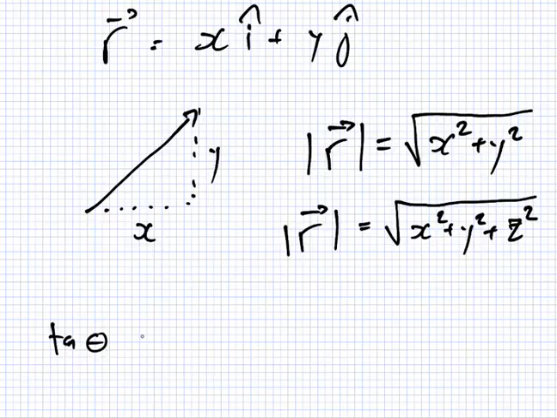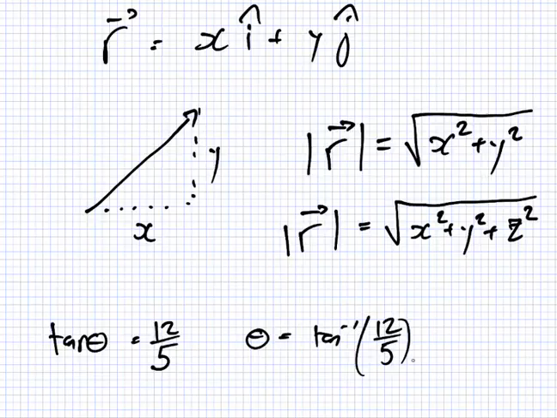You can say that tan theta equals 12 over 5. Did you do that yet? So theta is tan inverse 12 over 5, which, what did you say? 67? Oh, okay. Well, you could use sine or cos, whatever. 67.4.